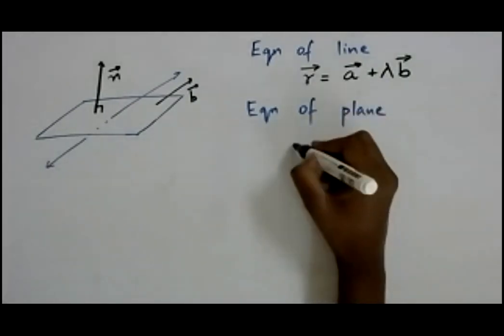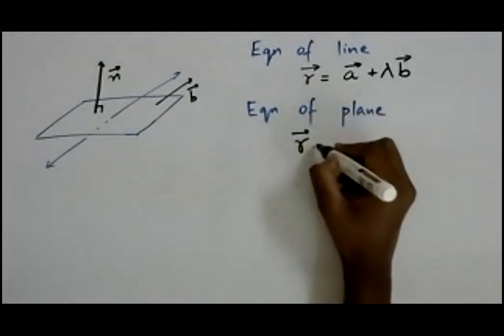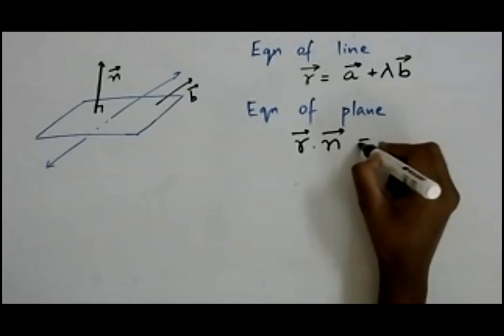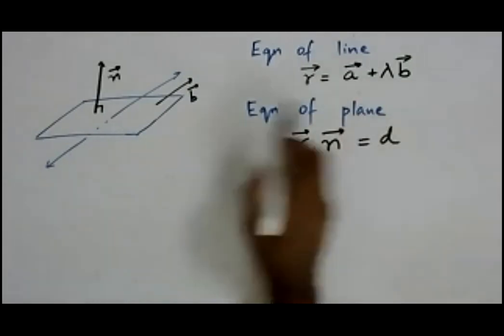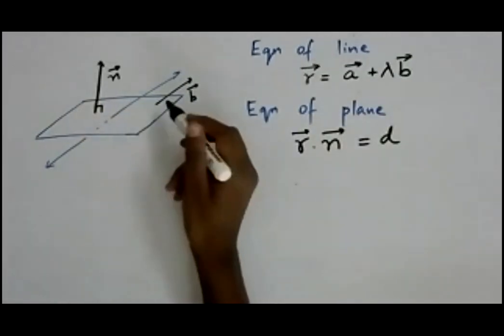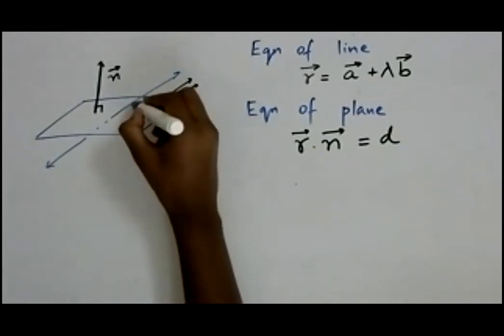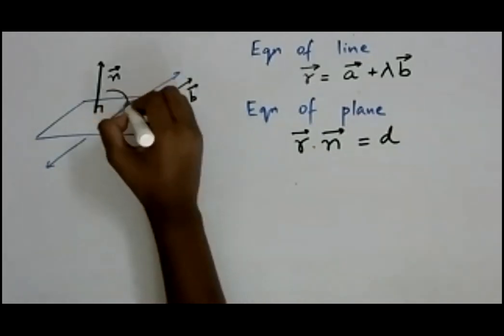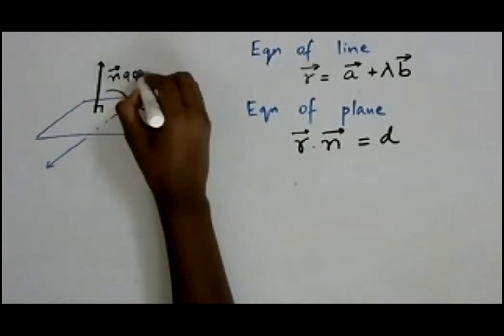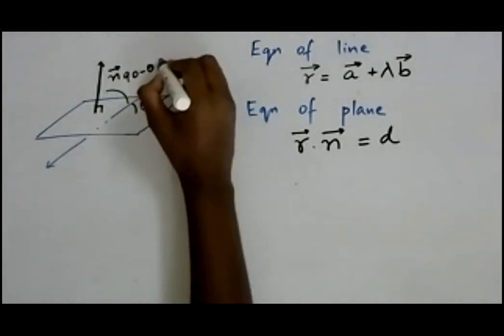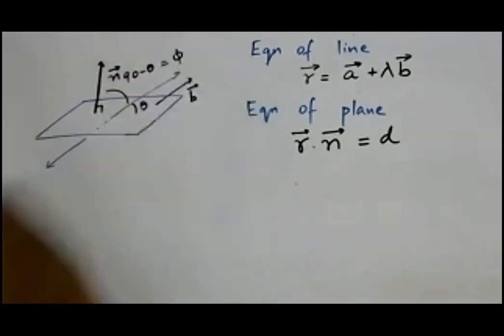And the equation of the plane is given by r vector dot n vector = t, where n vector is a vector normal to the given plane. Whenever we have theta over here, then this entire angle is going to be equal to 90 minus theta. For now, let's just call it phi.